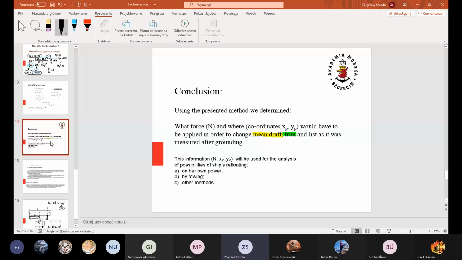Using the presented method, we determined, okay, it should be obvious for everybody. What have we done? What force and where, so N and two ordinates, would have to be applied in order to change mean draft, trim and heel, as it was measured after grounding.